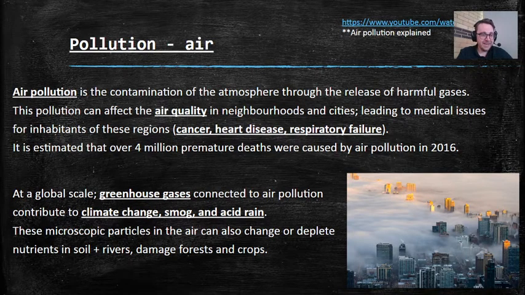Anyway, at a global scale, greenhouse gases are obviously connected to air pollution, and they contribute to climate change, to smog, and to a phenomenon known as acid rain. These microscopic particles in the air can also change or deplete nutrients in soils and rivers, and damage forests and crops.